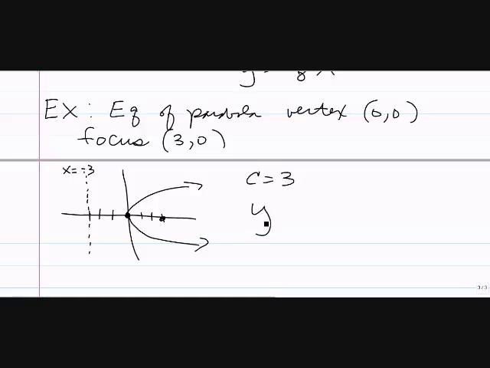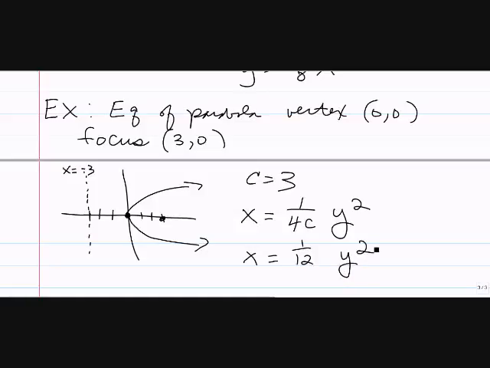So my equation is, it's not a y equals because it's a parabola on its side. It's x equals 1 over 4c times y squared, better known as 1/12 y squared. And do I have the right sign? Oh yeah, this one is opening up to the positive x's, so that should be a positive 1/12.